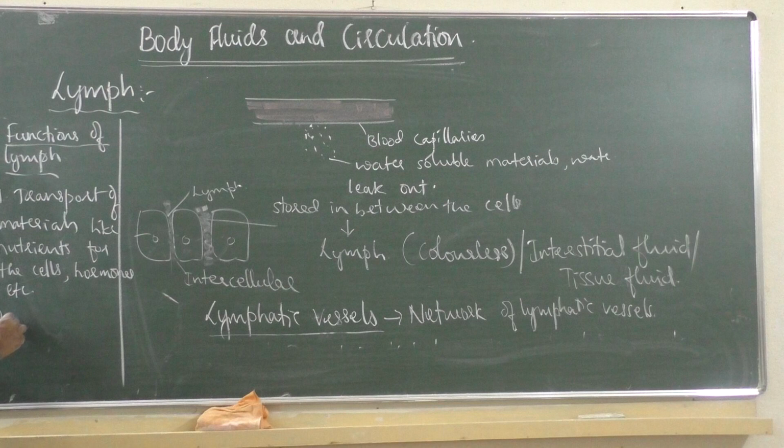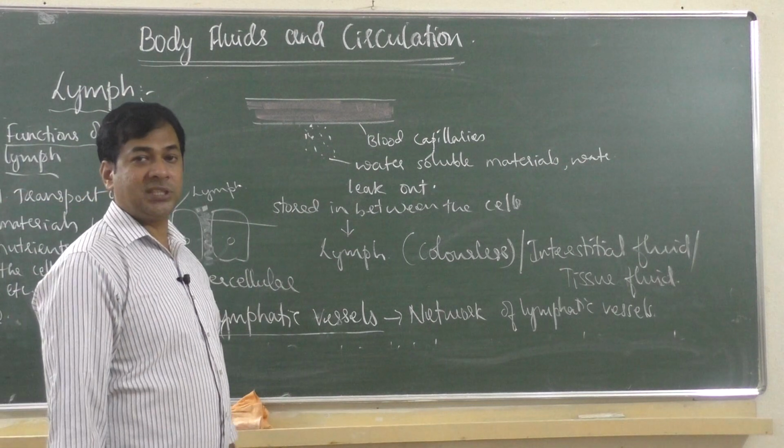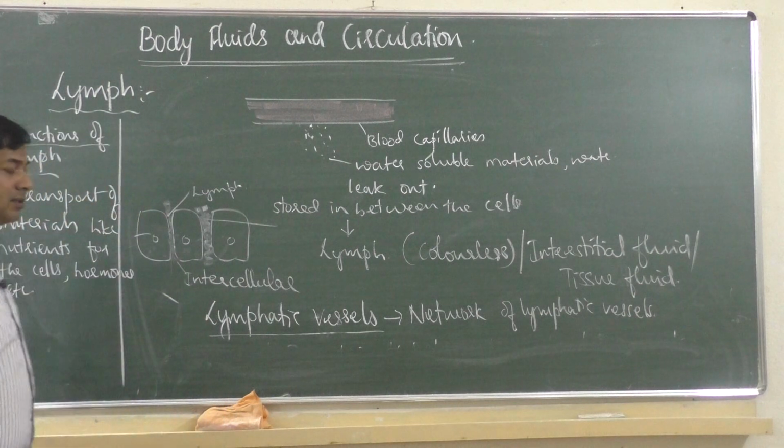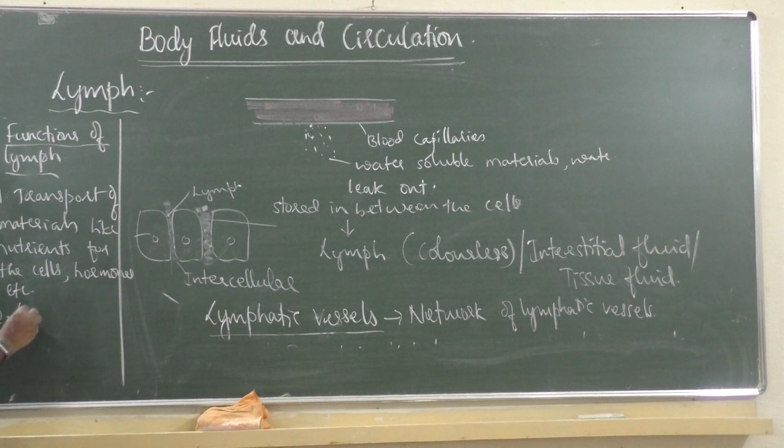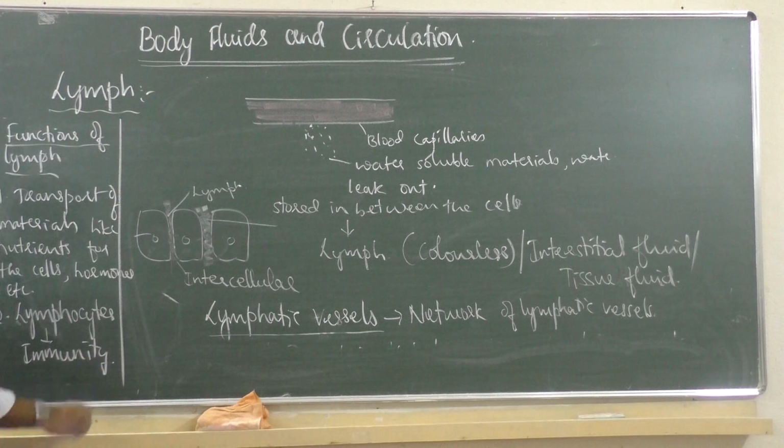And second, lymph produces a special type of cells called lymphocytes. Special lymphocytes, which give immunity, that is, the ability to resist diseases.